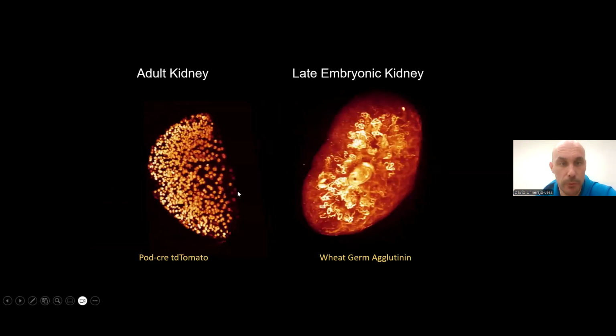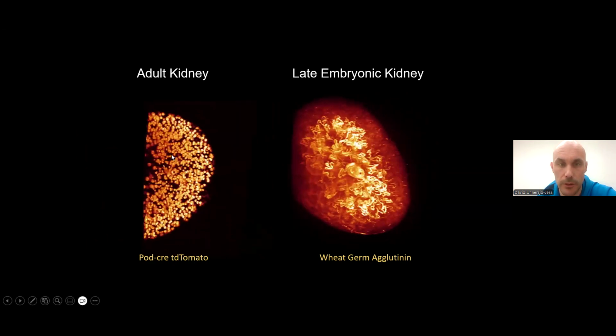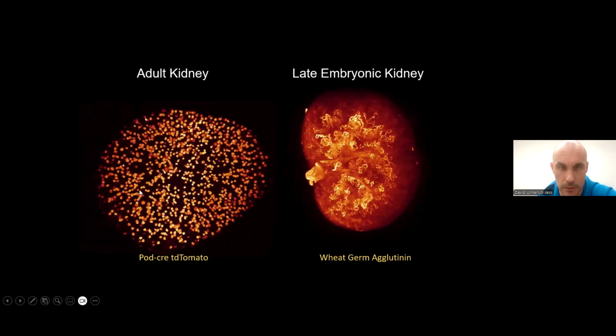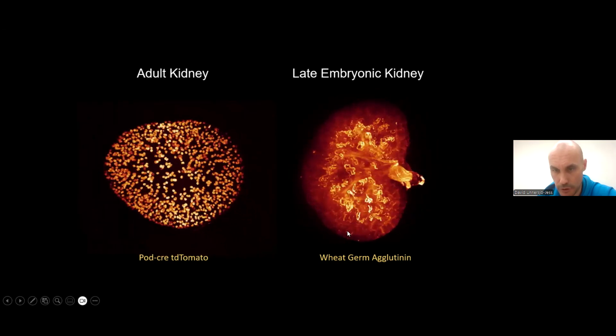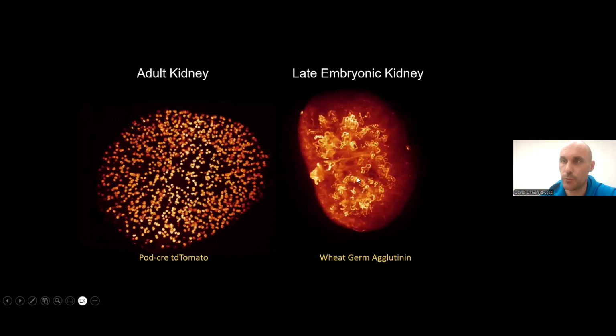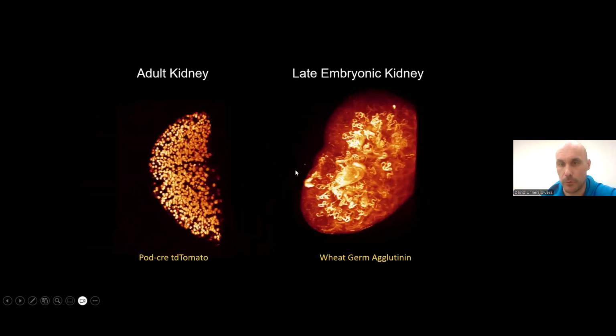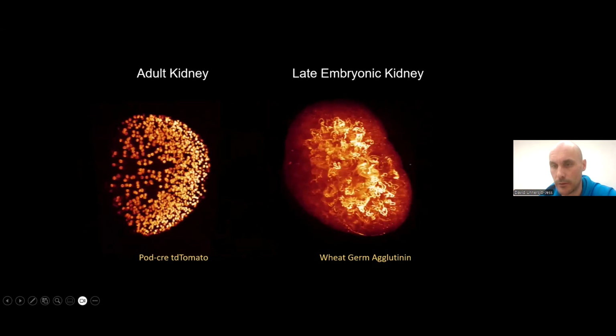And these are kidney samples. This is an adult kidney. So here we have TD tomato expression in the filtration units of the kidney, the glomeruli. And this is a late embryonic rat kidney, which is stained with a lectin, so it visualizes the tubules in the kidney. And these samples are both in the order of half a centimeter or so in size.